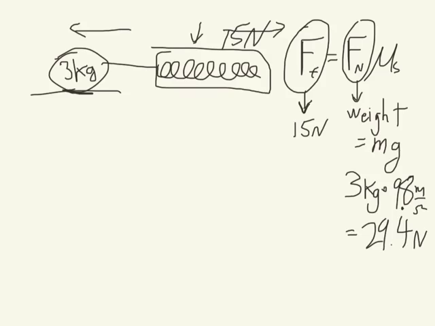That's a big mouthful of units there, but that is a newton, a kilogram times meter per second squared. So we have 29 newtons of force with which the table is pushing on the rock.